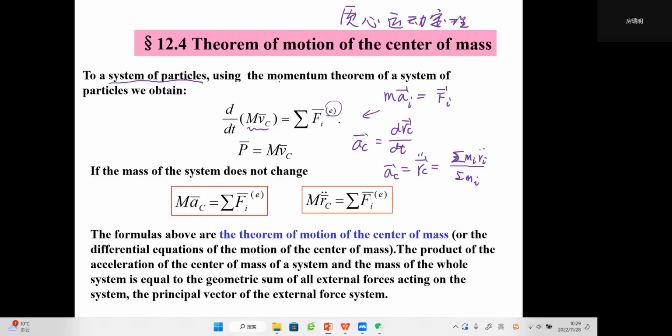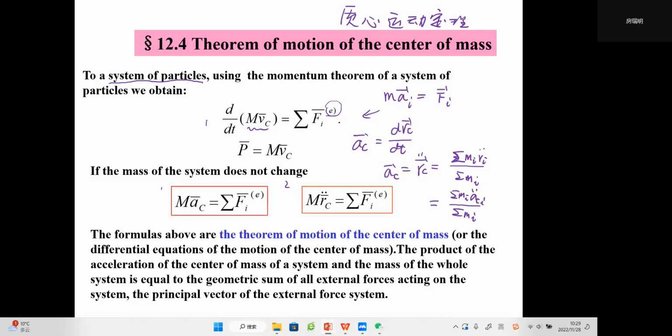If our system of particles is a system of bodies, we can just find sigma mi aci. So in some cases, we can use this relationship to simplify our calculation, right? All of 1, 2, 3 mean the same thing, the momentum theorem of a system of particles.